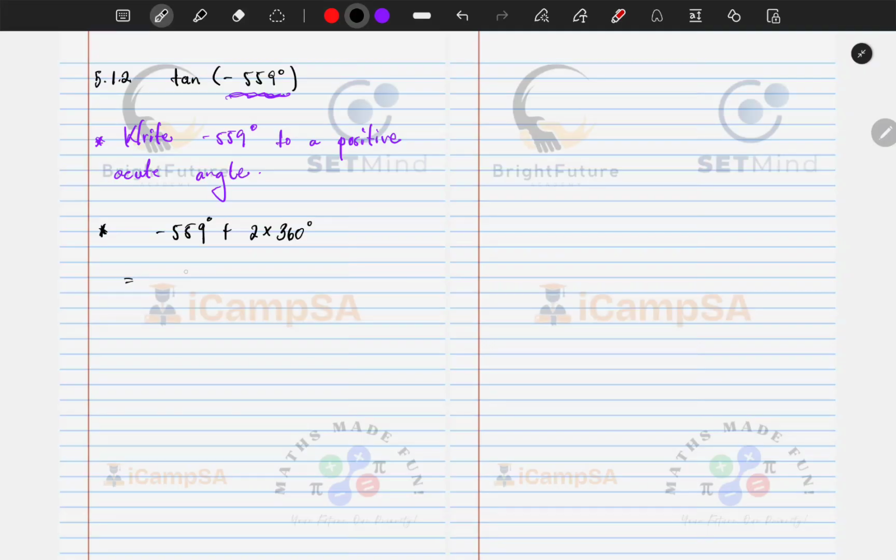And then from here, you are just going to have negative 559 plus your 720 degrees, and this is going to give you what? 161. So in this case, we now have your tan of 161 degrees.